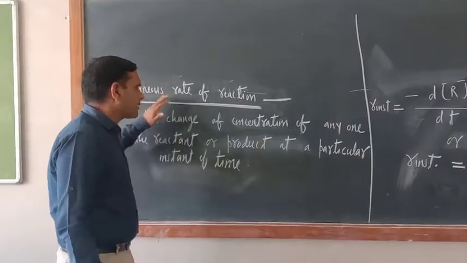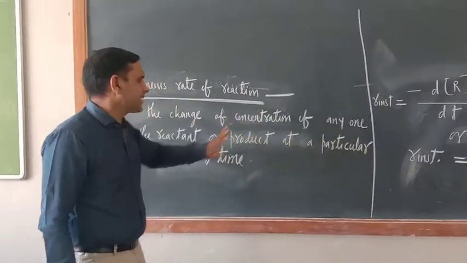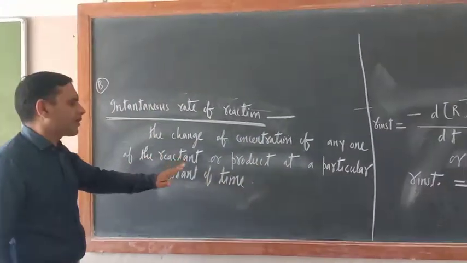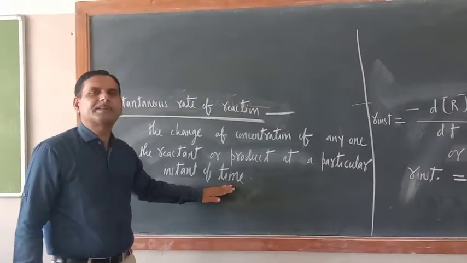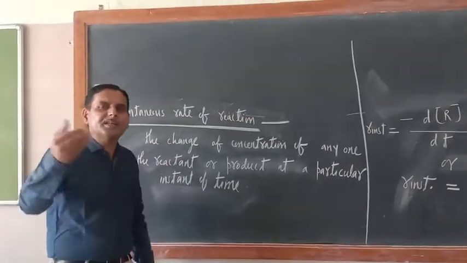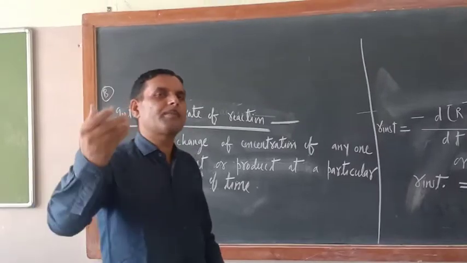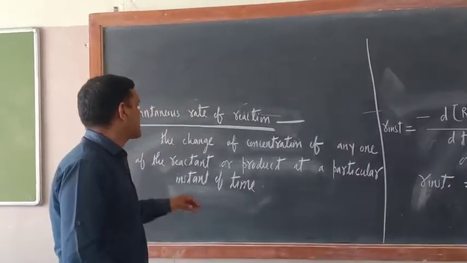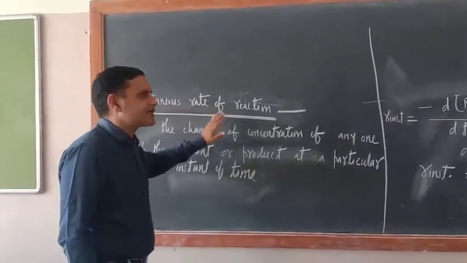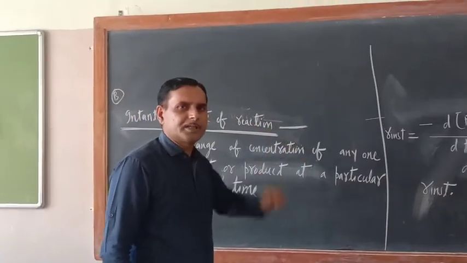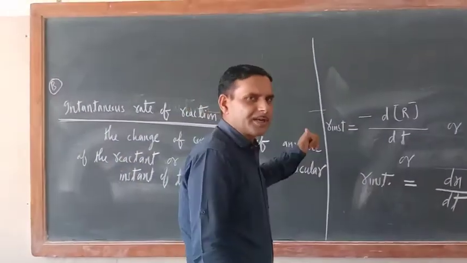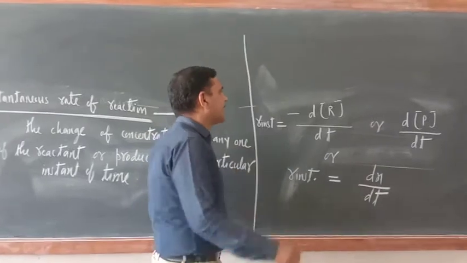What is the meaning of this? The change in concentration of reactant or product at a particular instant of time is known as instantaneous rate of reaction. In the case of average rate, you have used delta.